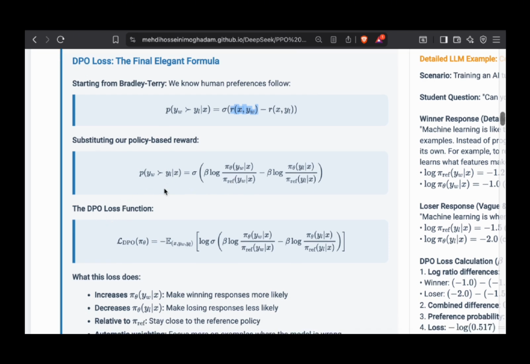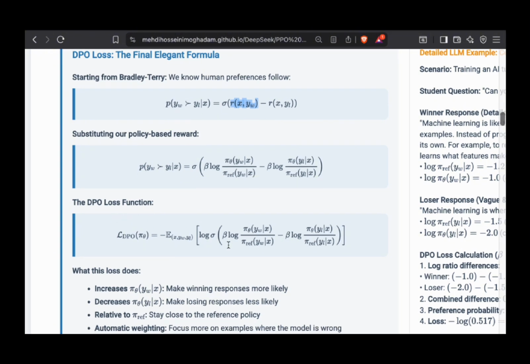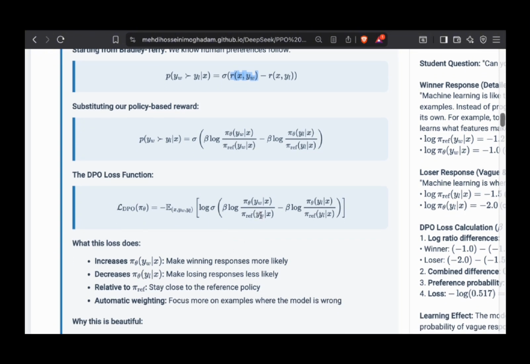And at the very end, once we calculate everything and solve everything, the DPO loss function would be this, as you can see, which is technically the log difference of the ratios, which we put into a sigmoid.